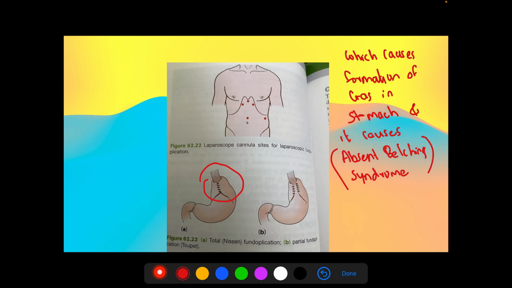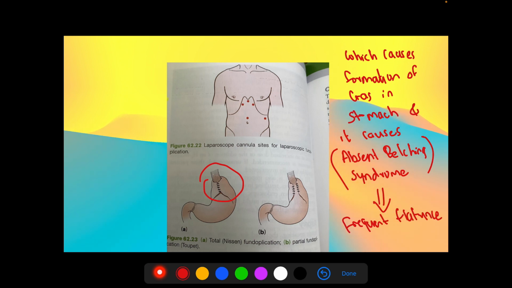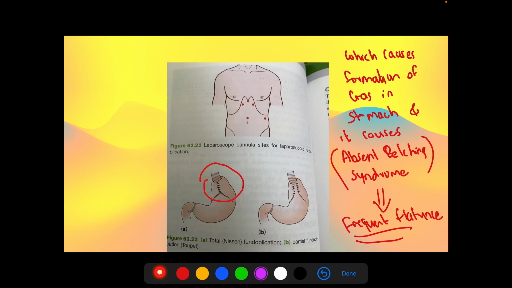The person cannot belch, which causes frequent flatulence. This is the problem of total or complete fundoplication, which is also called Nissen fundoplication. But there is no such problem with partial fundoplication.